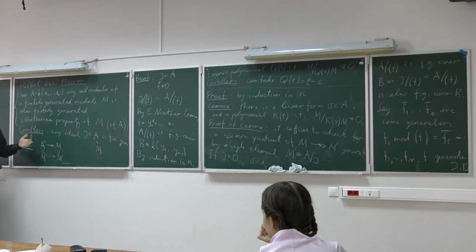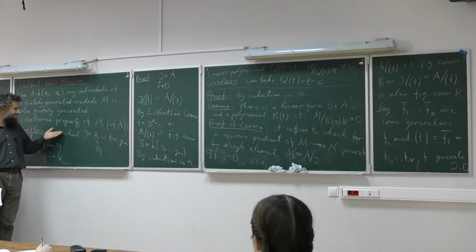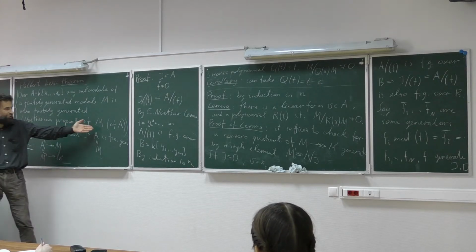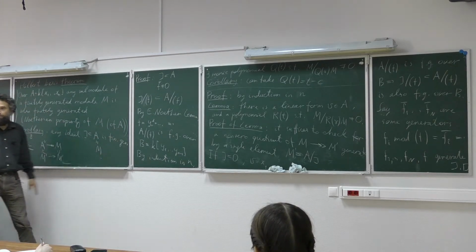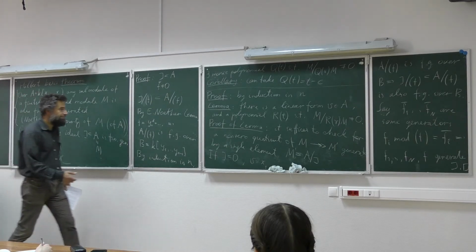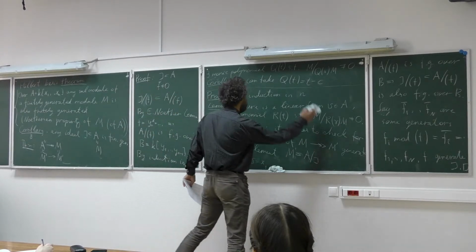So the corollary is formally just a part of the theorem when you apply it just to submodules over the free rank 1 module. But in turn, the theorem can be deduced from this corollary by such consideration. But let me maybe erase something to forget about it.